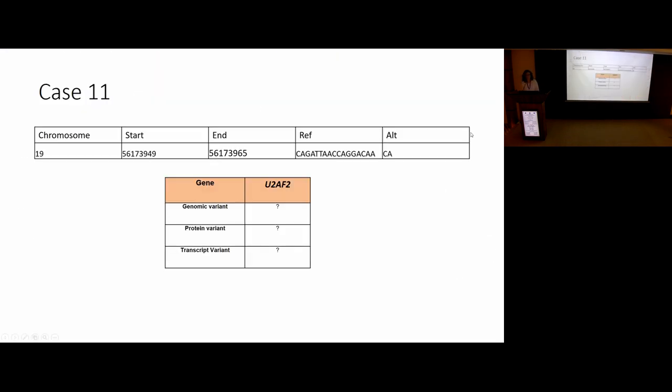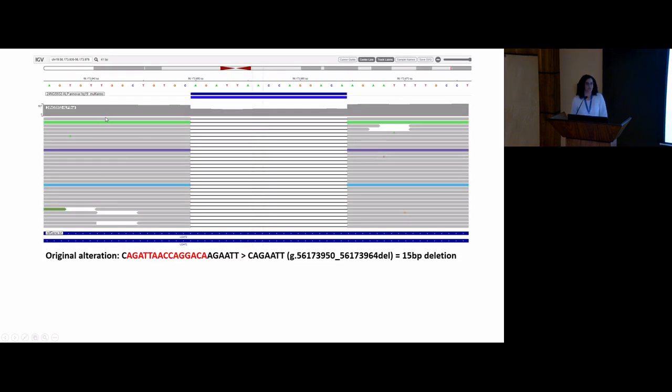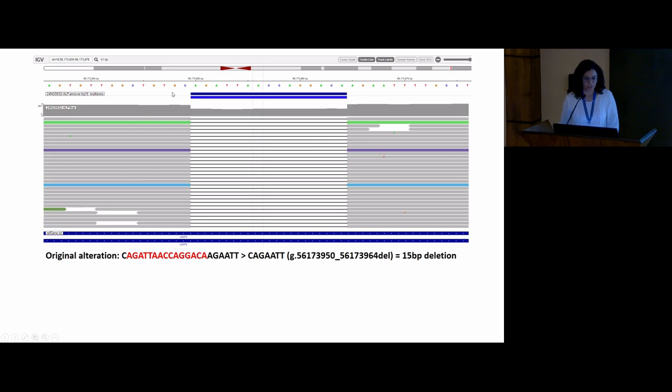Okay, moving on to some examples of deletion. Now let's see how deletions are annotated. This is a case where there is a U2AF2 deletion. We mapped it on Ensembl and found the genomic coordinates here. We'll see how it looks in the Integrative Genomics Viewer. This position is 56173949, so this is 950.